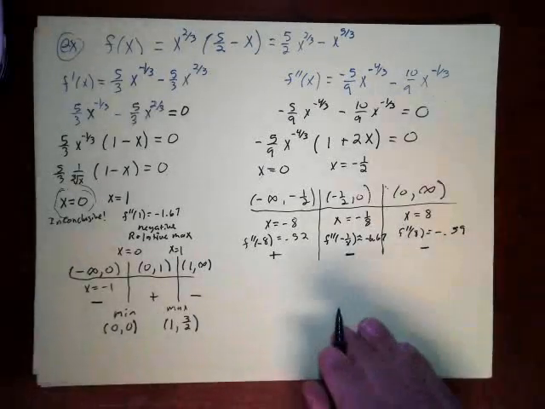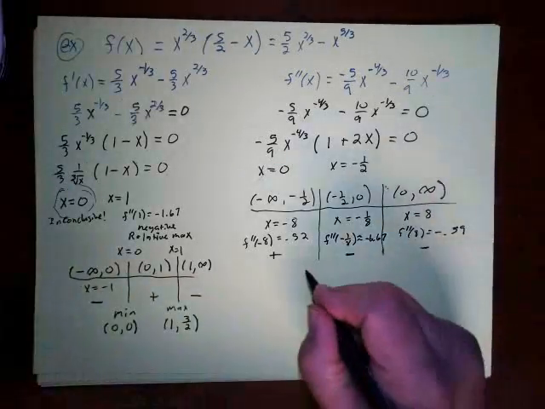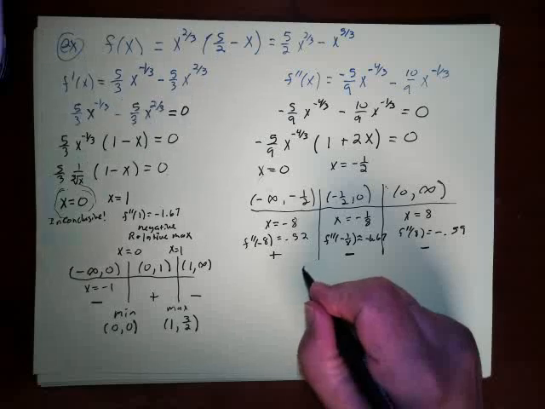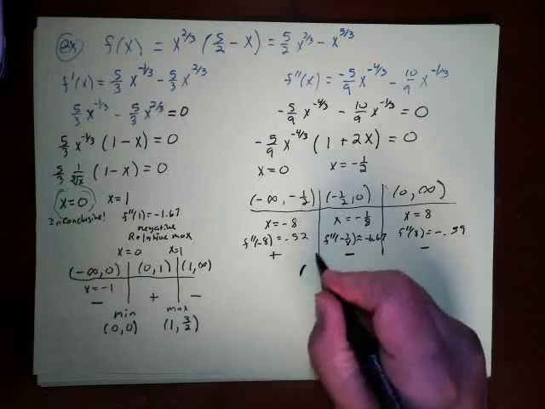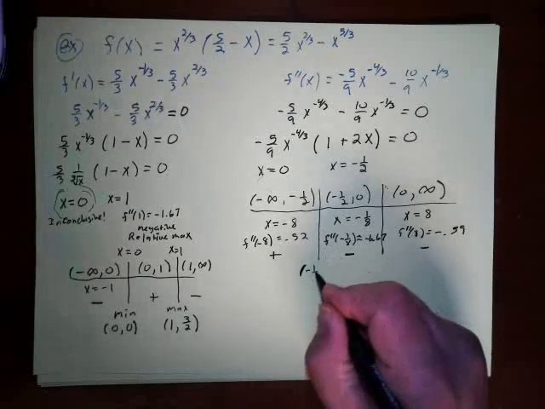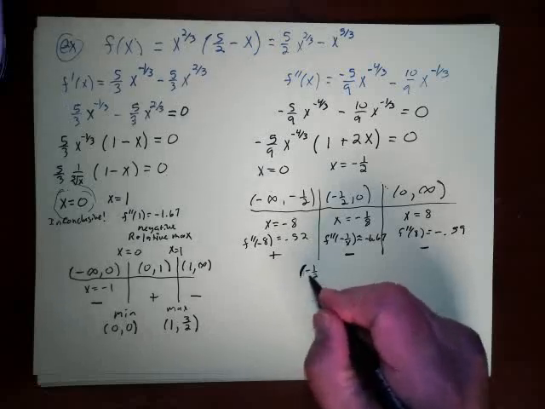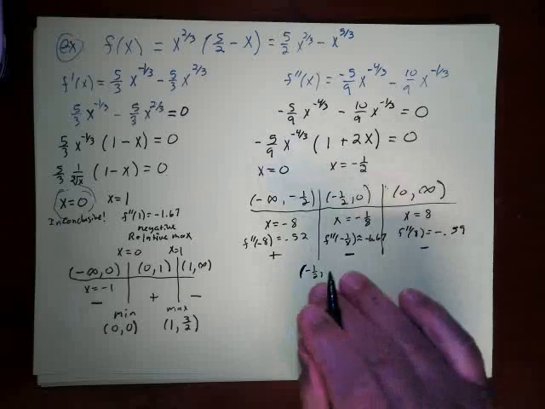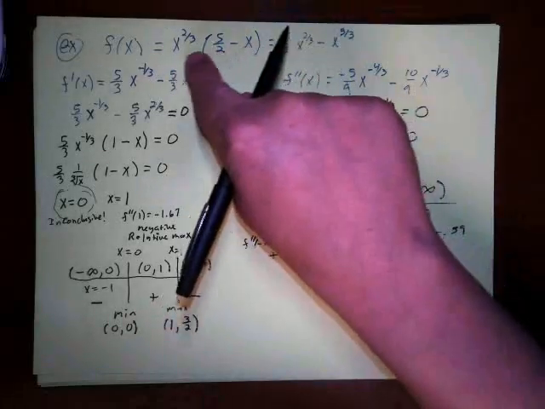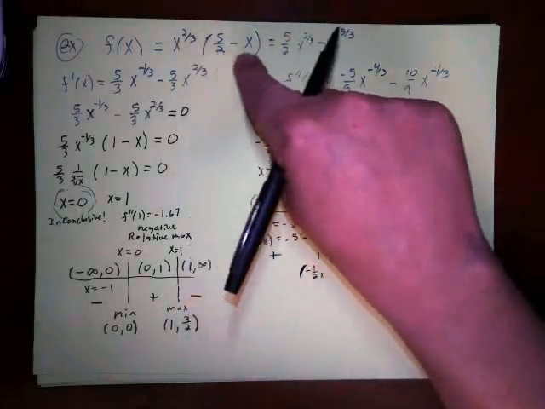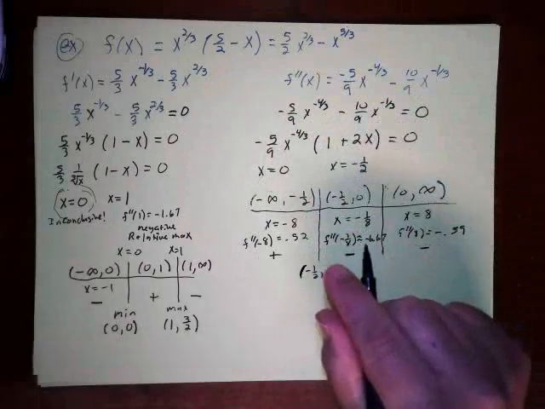Okay, so this then was an inflection point. And I'm going to put in negative 1/2, or let me just say, the inflection point would be the point on the original graph. So you could put in negative 1/2 here and get that inflection point.